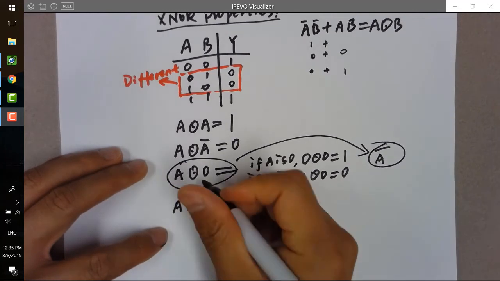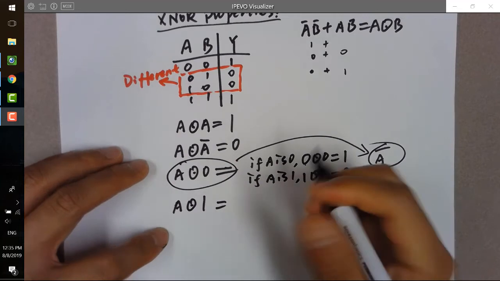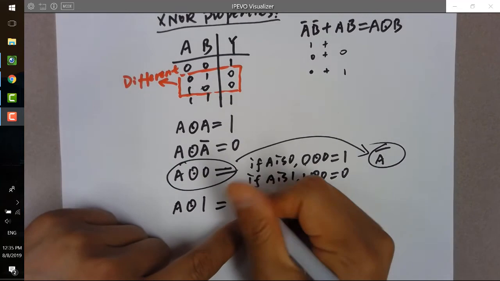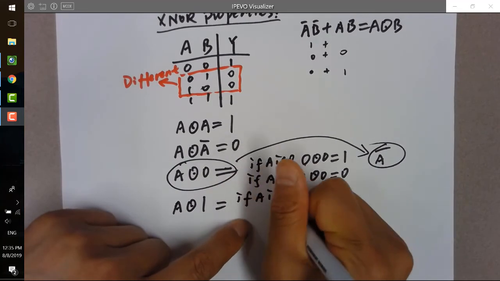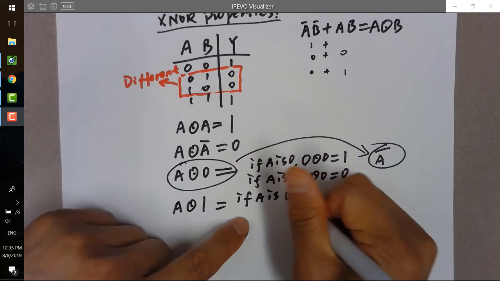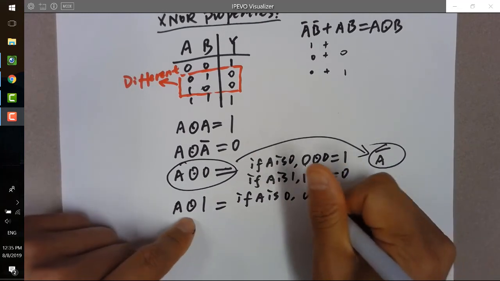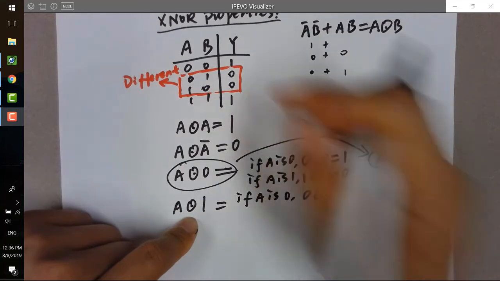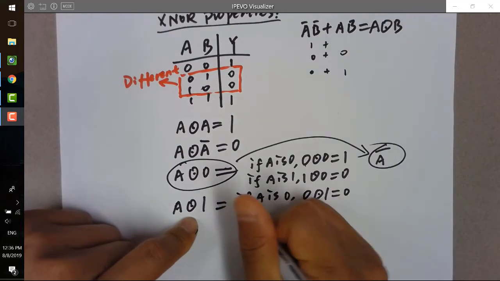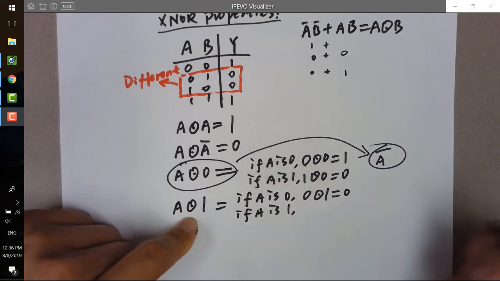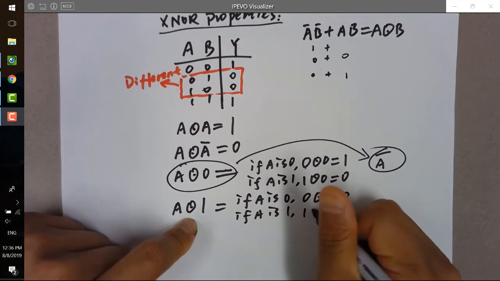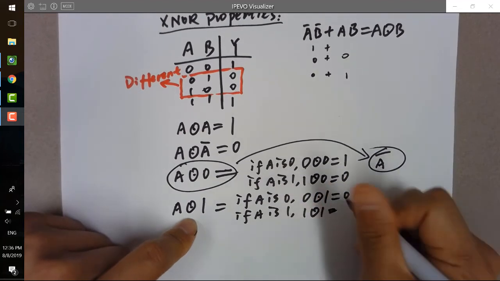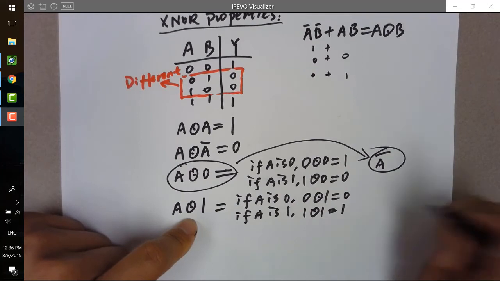If A XNOR 1, let's plug in the numbers here. If A is 0, it's 0 XNOR 1. They are different, so you're getting 0. If A is 1, 1 XNOR 1, they're the same, so you are getting 1.